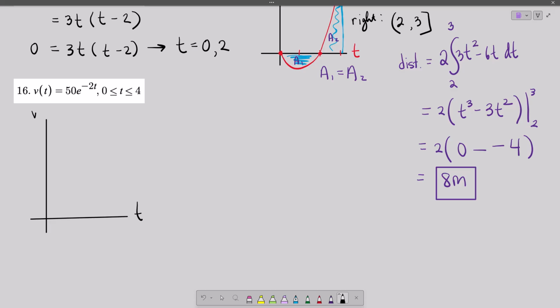So e to the 0 is 1, and then 1 times 50 is 50. Everyone tracking? So if we plug in t equals 0, that's in the exponent on e. E raised to the 0 power is 1, and then 1 times 50. So our intercept right here is up at 50. So that is a point on the graph.